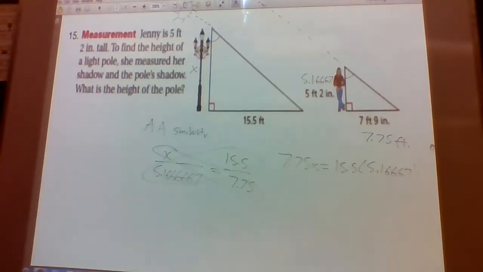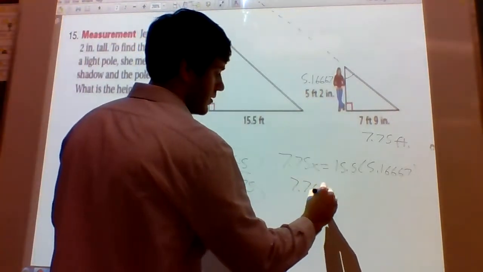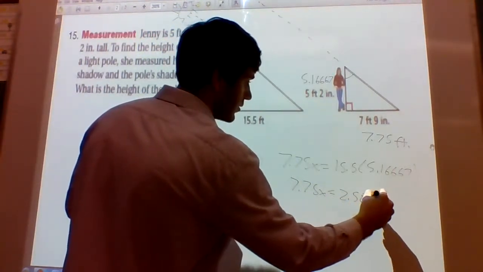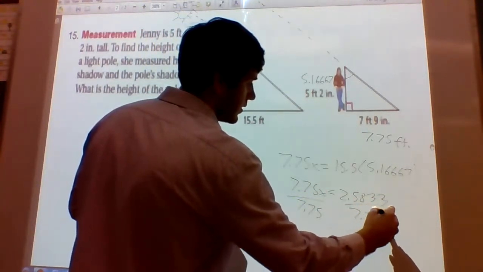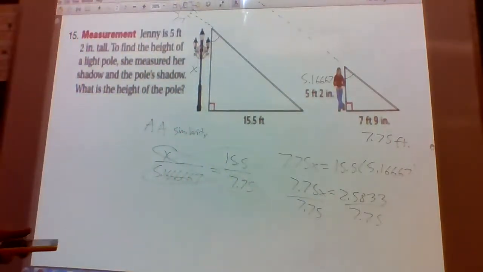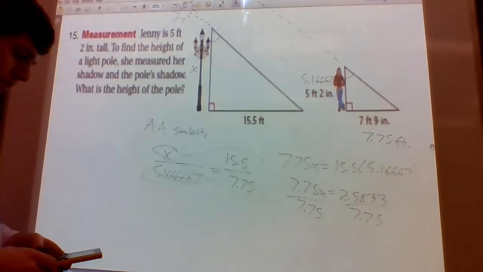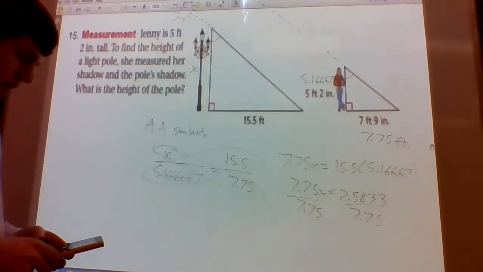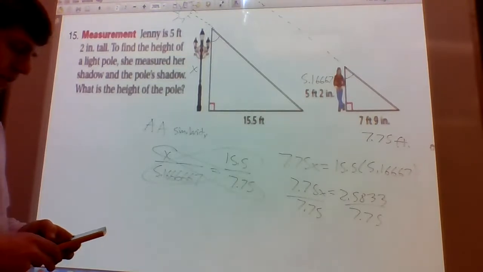15.5 times 5 and 1/6. Why didn't that work out? Oh, 5 and 1/6. 15.5 times 5.16666 is about 80.